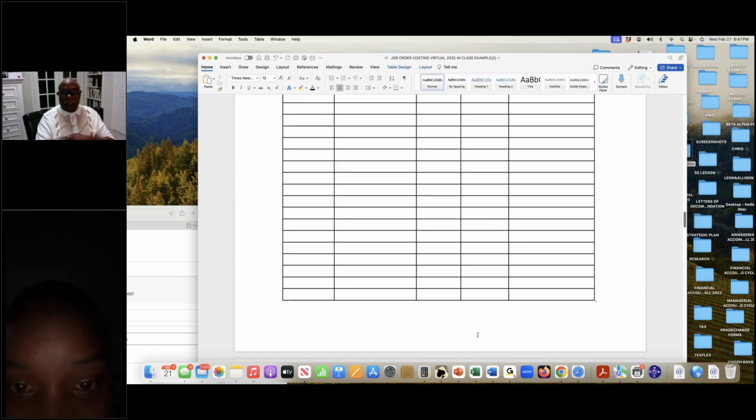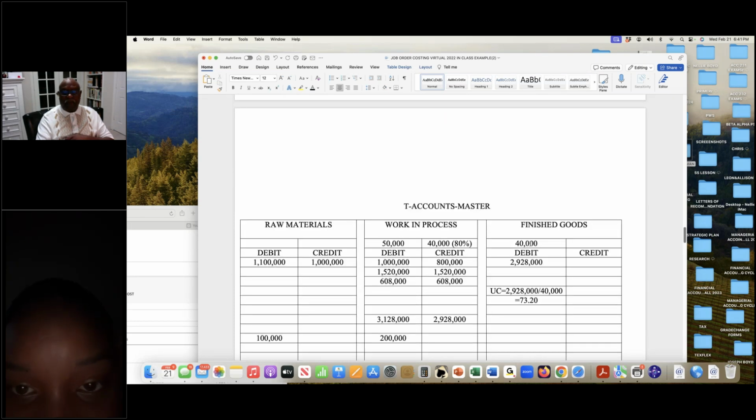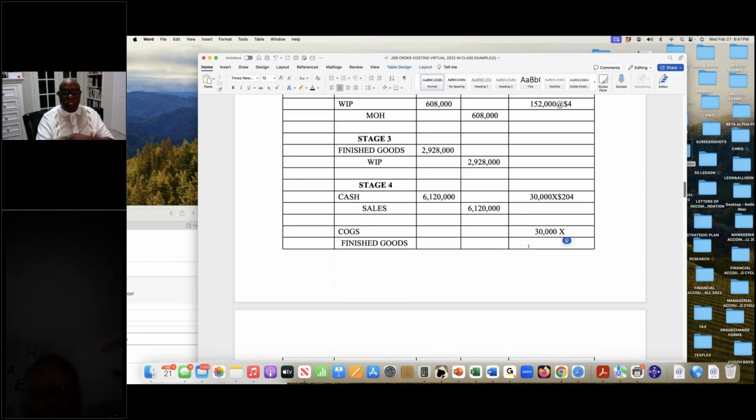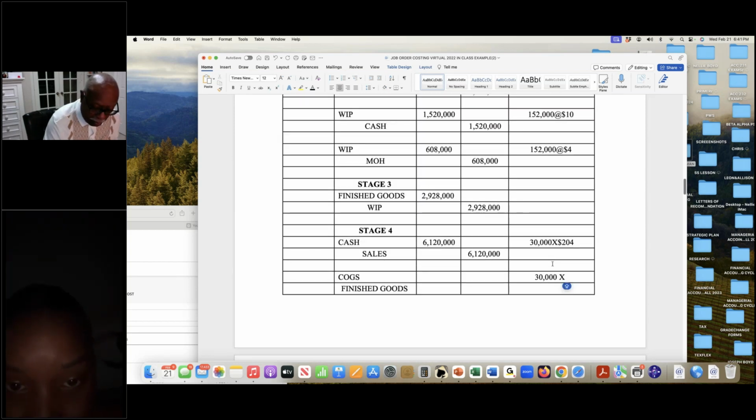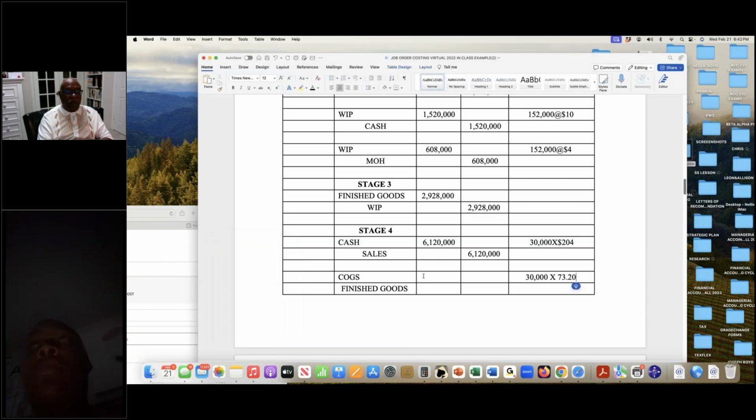We have to go back and use $73.20. We have to use $73.20 because that's what the costs are. So we multiply 30,000 times the $73.20, and we get 2,196,000.